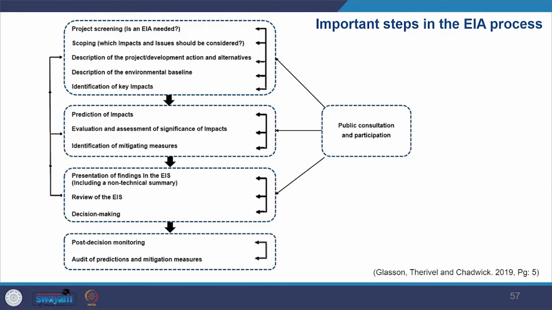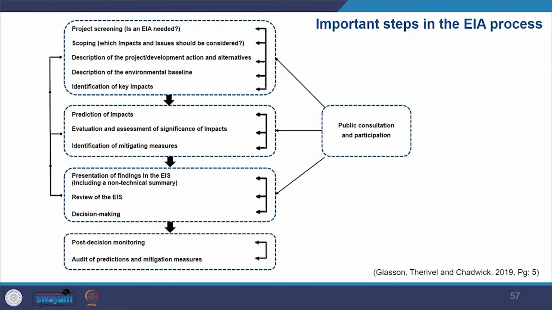In the entire process, we also ensure public consultation. Like you can see in the diagram, we ensure public consultation and participation. By doing this, we ensure the quality of the process, which allows the process to be comprehensive, like complete, and it involves all the important aspects from different stakeholders.